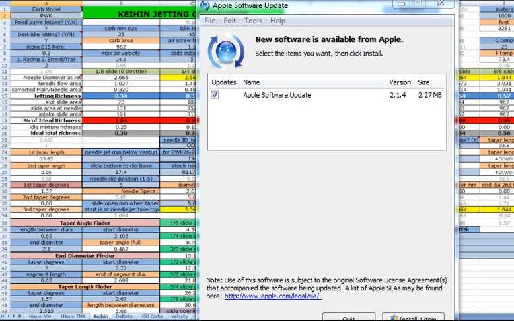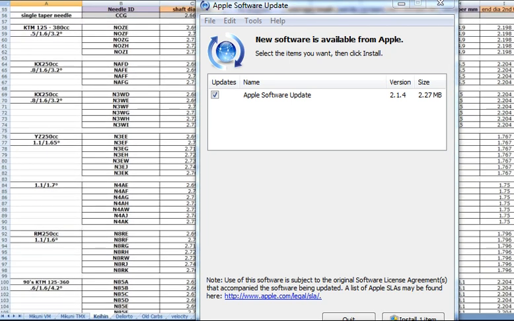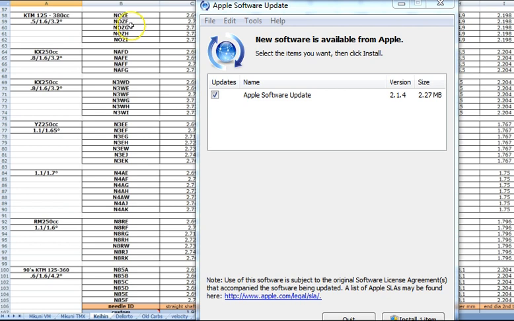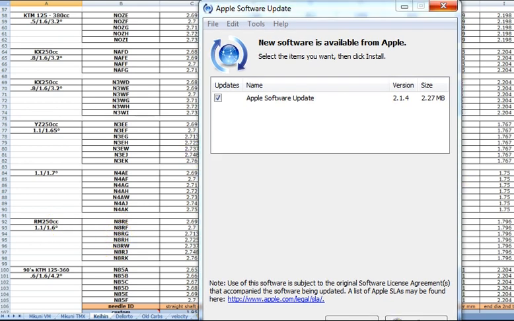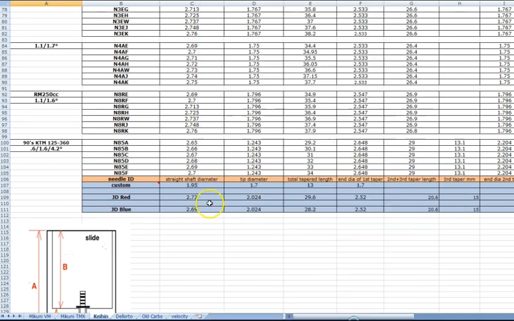So there's also all these down here. These are needles that came with these different bikes, okay, or that were available through the dealer for these different bikes. So I've got all the data for them, and you can put custom data in here, like the JD red, JD blue needles here.